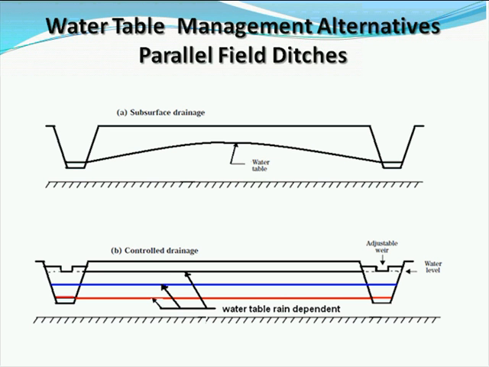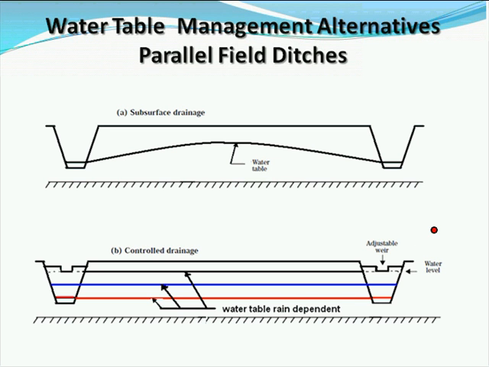Another possibility besides one that would use pipes would be a subsurface drainage system employing surface ditches that would have parallel field ditches in the field. And these ditches, I think Hamid showed some slides that would demonstrate this, that by placing the ditches deeper, they would drain down the water table.